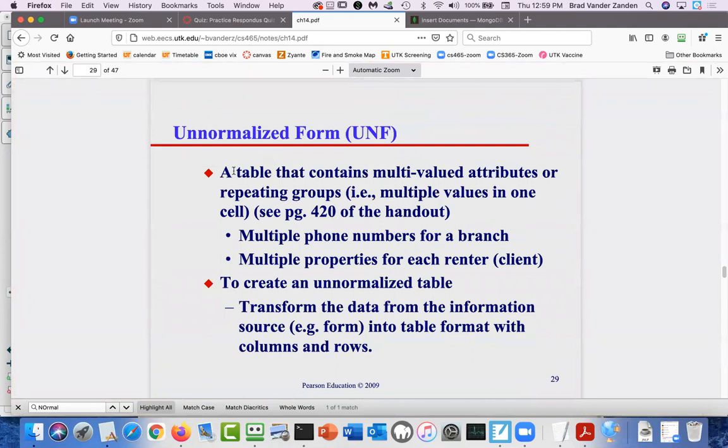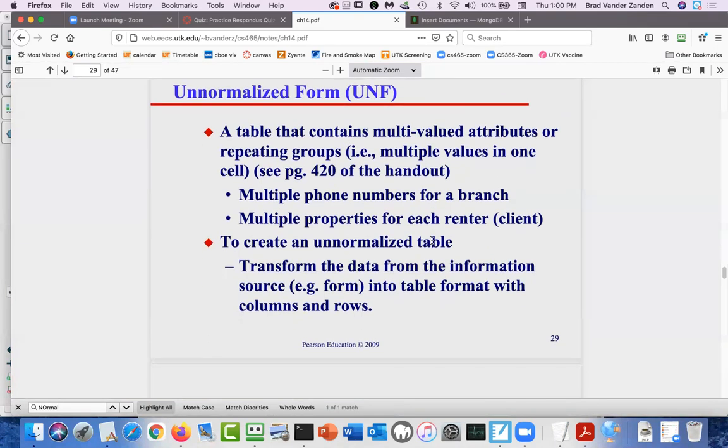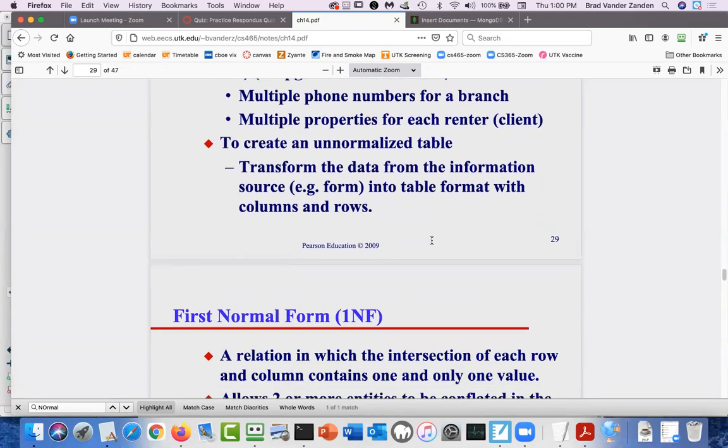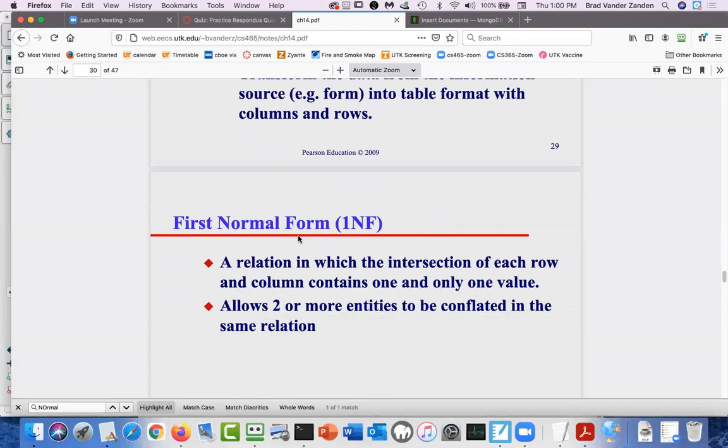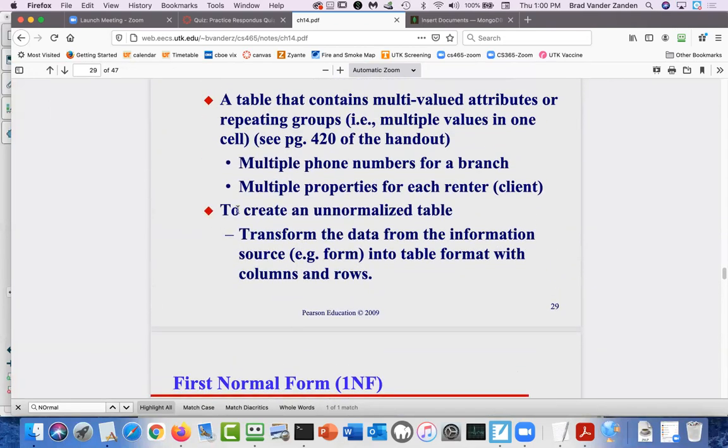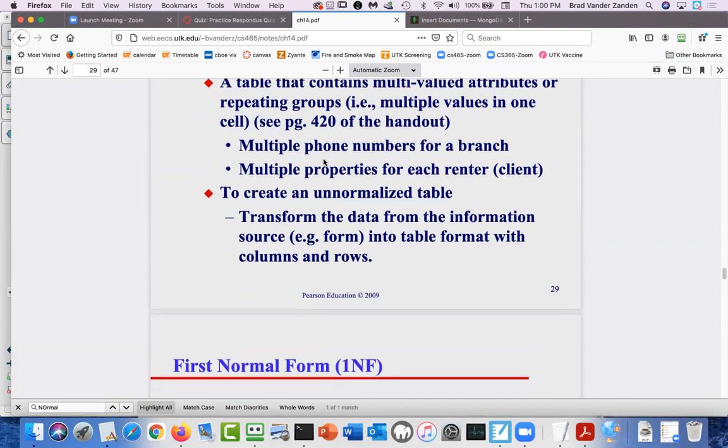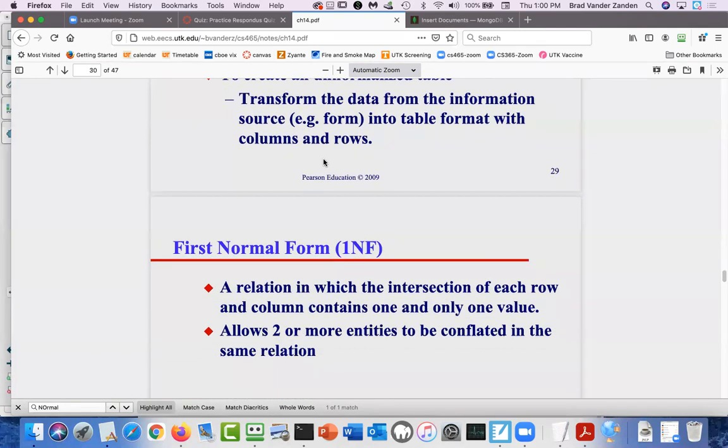So unnormalized form is a table that contains multi-valued attributes, like multiple phone numbers for a branch. So to go to first normal form, you move any multi-valued attribute out into a separate relation.